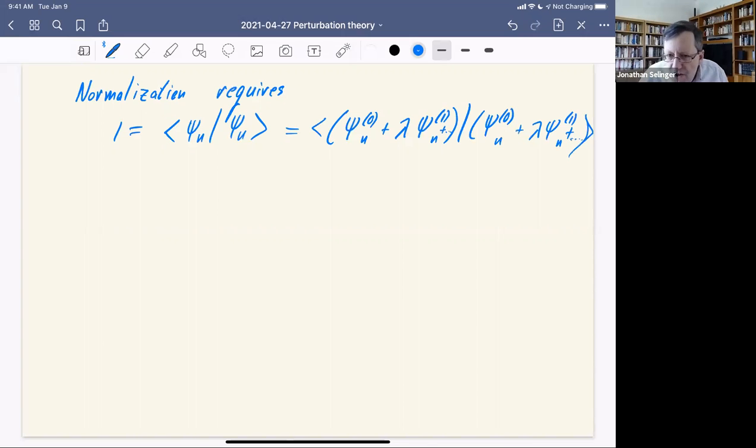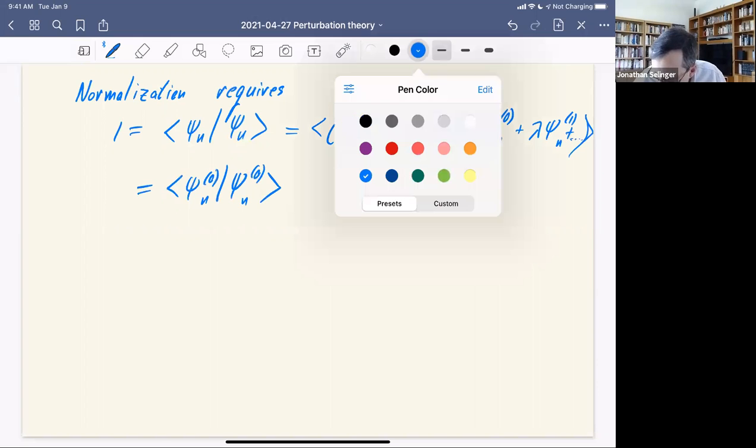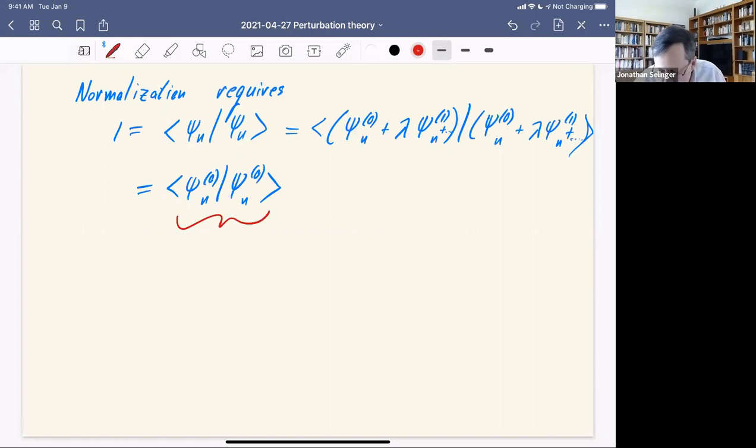Let's work out this inner product as a power series in lambda. There is a 0th order term, which is psi 0n inner product with psi 0n. That, of course, is just equal to 1, because the old unperturbed energy eigenstate was normalized.